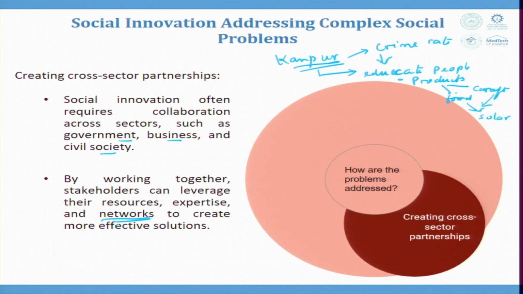Networking is very important in innovation. Networking is directly proportional to innovation. The more networking you do, the more innovation you will have. More networking helps you develop effective and sustainable solutions.